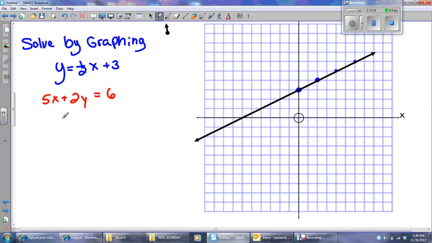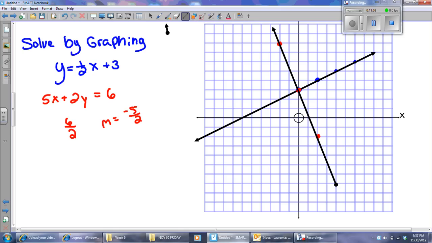All right, the red one. I am going to find my y-intercept, which will be 6 over 2, which looks like it's going to be at 3. And I could actually quit now because I'm trying to find a place where they intersect. I know my slope is going to be negative 5 over 2. It's going to go down 1, 2, 3, 4, 5, 1, 2, and up 1, 2, 3, 4, 5, back 2, and there we go.